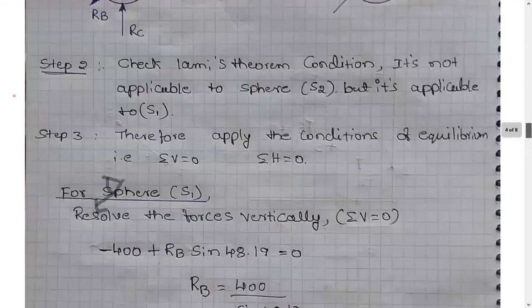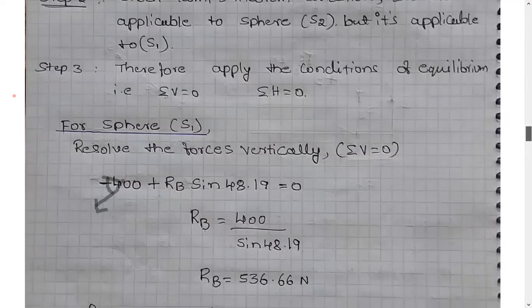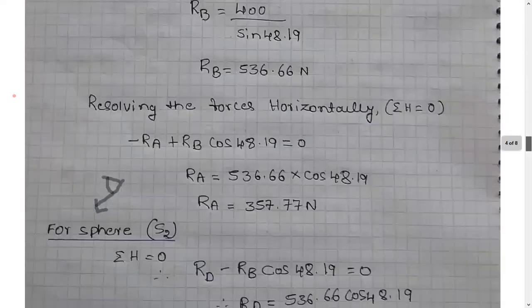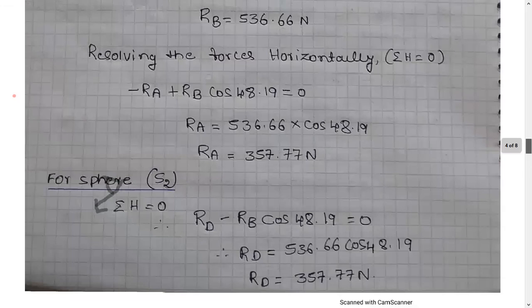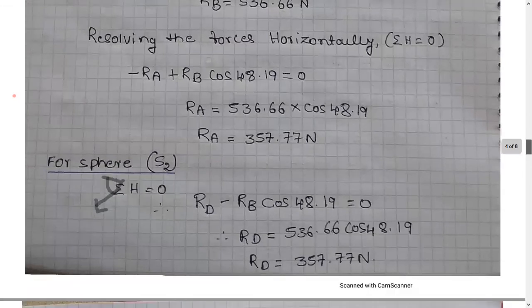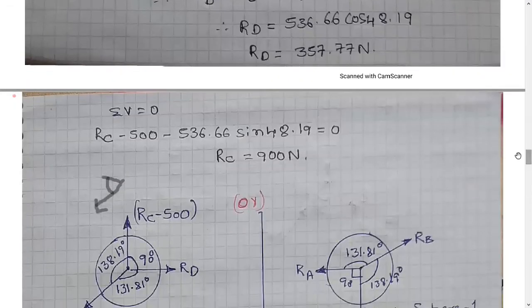In the same way, resolve the forces into horizontal and vertical components. Here, if you resolve, the vertical equation is RC minus 500 minus RB sine 48.19 degree.